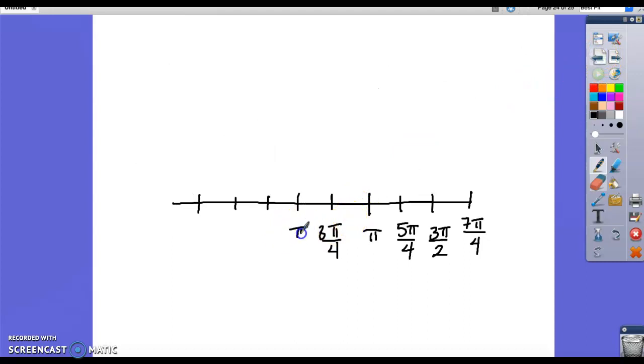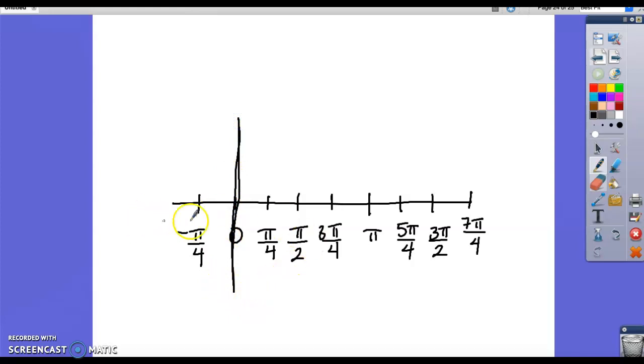I'm not going to do the rest of these just for the sake of time. If I subtract pi over 4 from pi over 2, I get pi over 4. If I subtract pi over 4 from pi over 4, I get 0. And then 0 minus pi over 4 is negative pi over 4. So here's where my vertical axis goes.